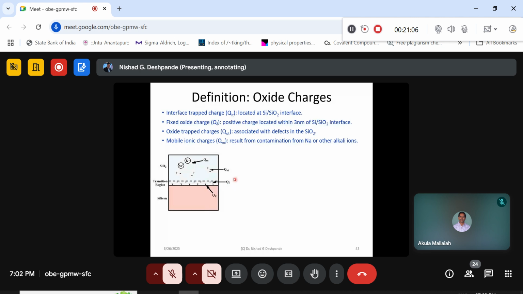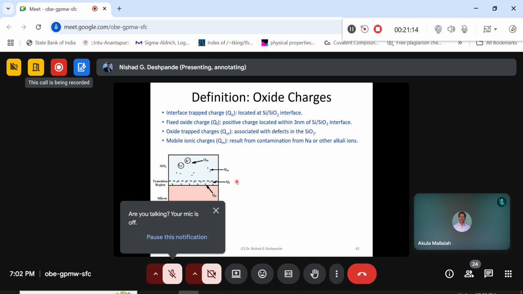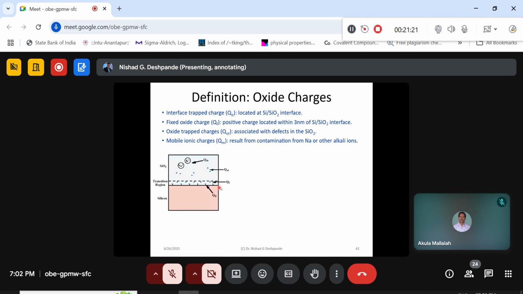Note down that these fixed charges at the interface have a density of, let's say, 10 to the power of 10 or 10 to the power of 12 per centimeter square. Okay, so quite significant oxide charges are developed at the interface. They are certainly going to affect the performance. Okay, of course there are ways to remove this, so we'll discuss in subsequent parts of our lecture here.